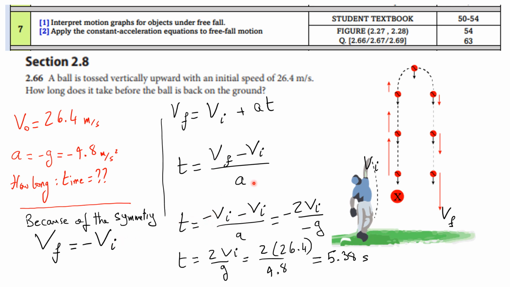So minus Vi, and here we already have minus Vi, so we have 2 minus Vi over minus the gravity. Minus and minus cancel each other. So it's 2 multiplied by Vi over the gravity. The time taken for the ball to go up and fall down again is 5.38 seconds.